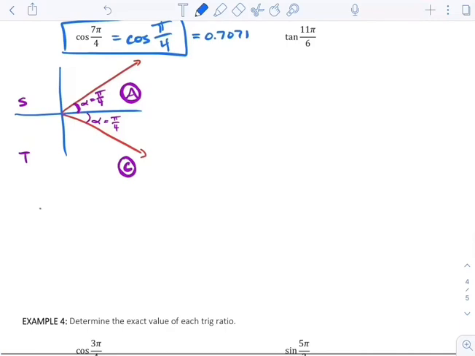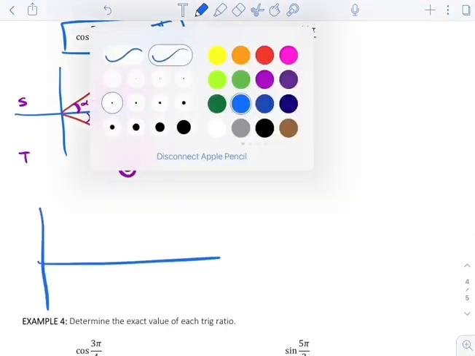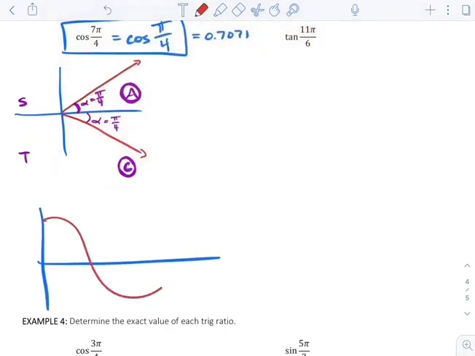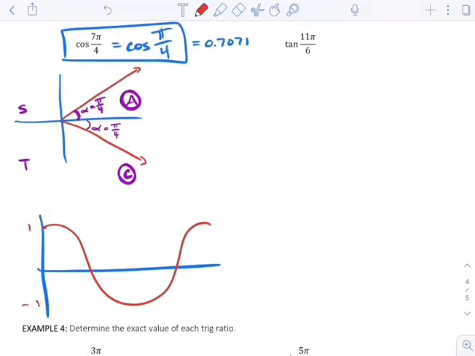There's only two that will give us the same value. So what does that mean, really? Or why does that happen? If you think about the graph of cos, it starts at 1 and goes down to -1. Cos pi over 4, that's 45 degrees, is somewhere around here. It has a y value associated with it, and we found out that was 0.7071.